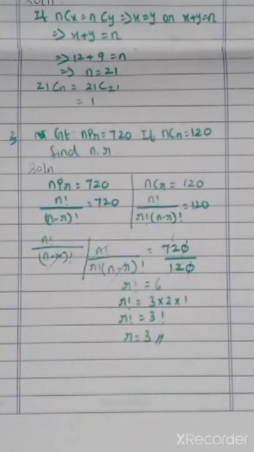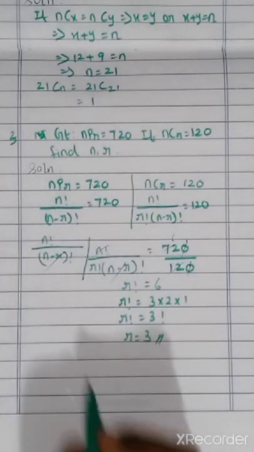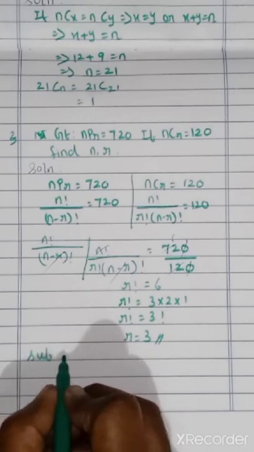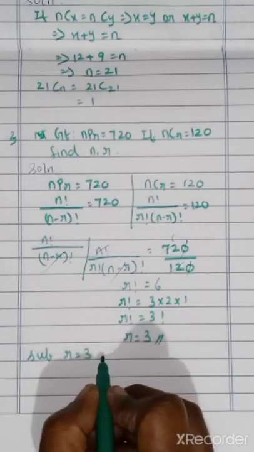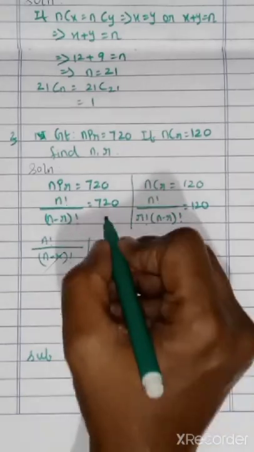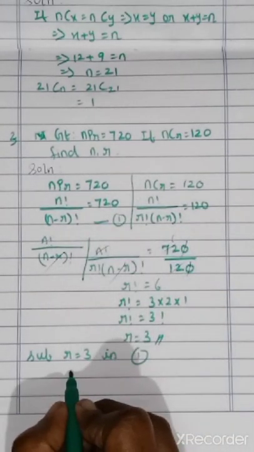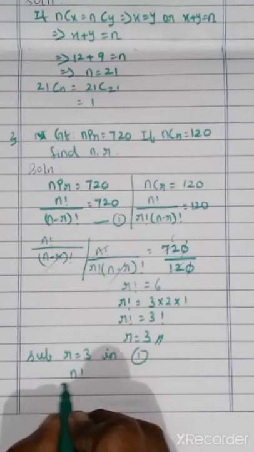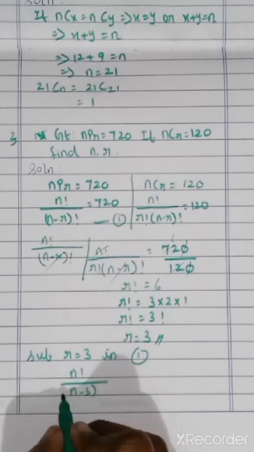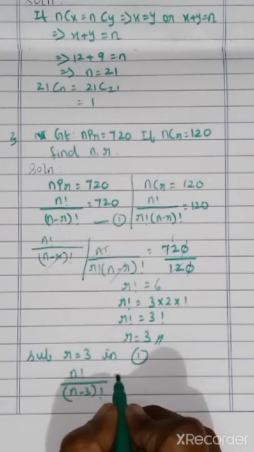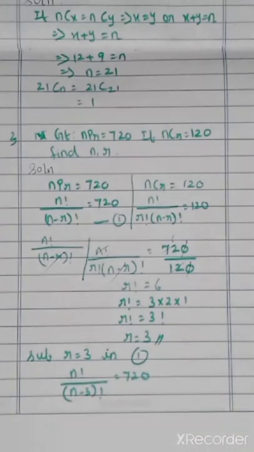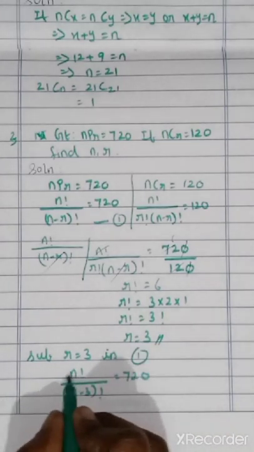We have to find out your n value also. Right? So substitute r is equal to 3 in equation number 1. We can take this as equation number 1. Okay, so what is that? N factorial by n minus 3 factorial, which is equal to 720. Okay, so how can we write this one?